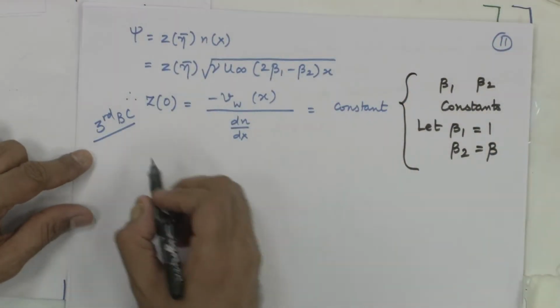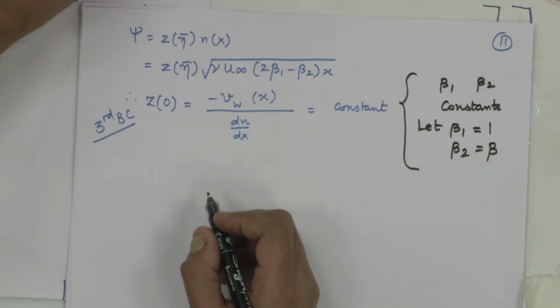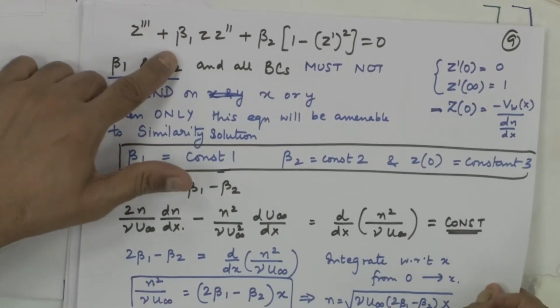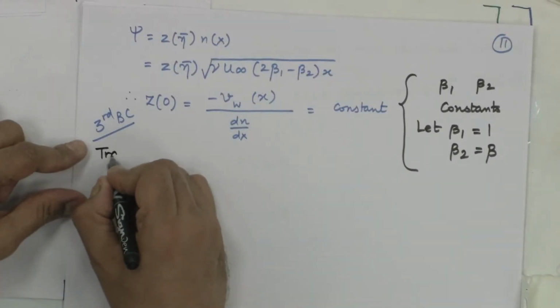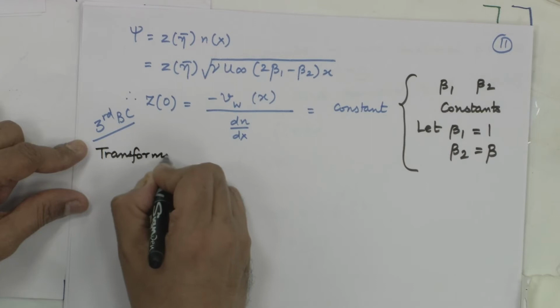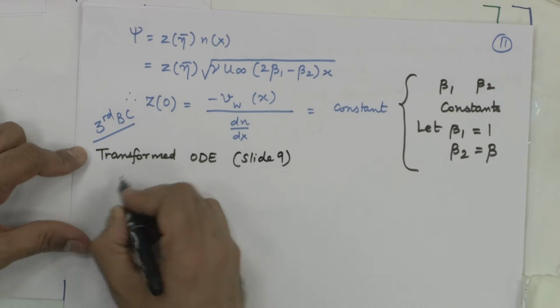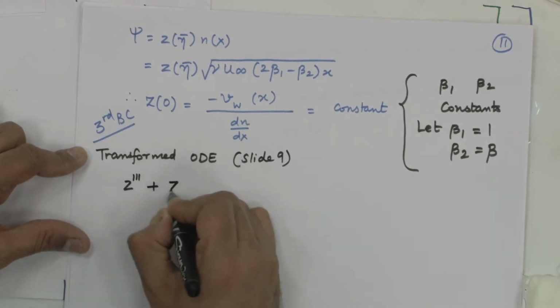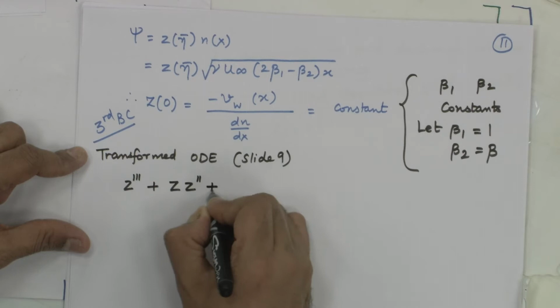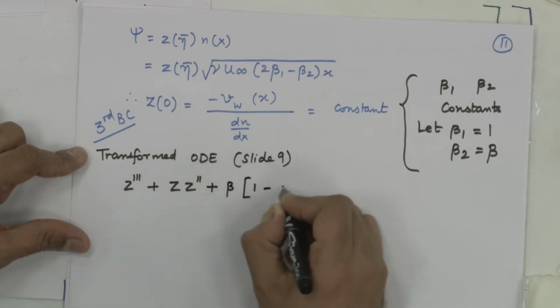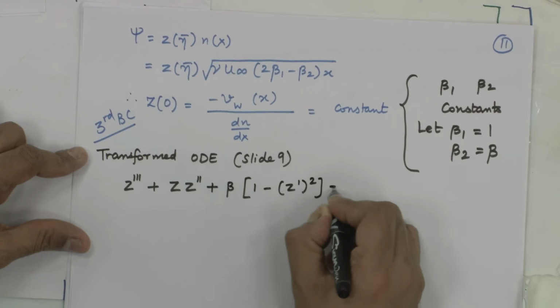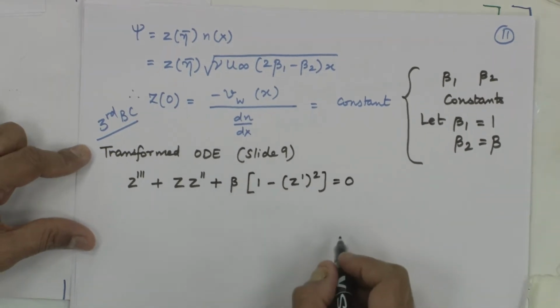Keeping this in mind, my ODE therefore becomes, I substitute beta 1 is 1, beta 2 is beta, therefore the transformed ODE, from slide 9, I am writing z triple prime plus z double prime plus beta times 1 minus z prime whole squared equal to 0.